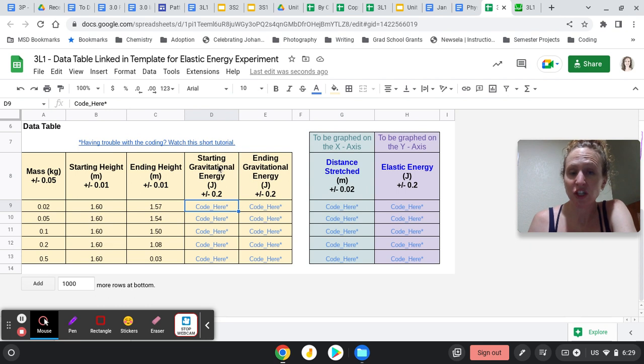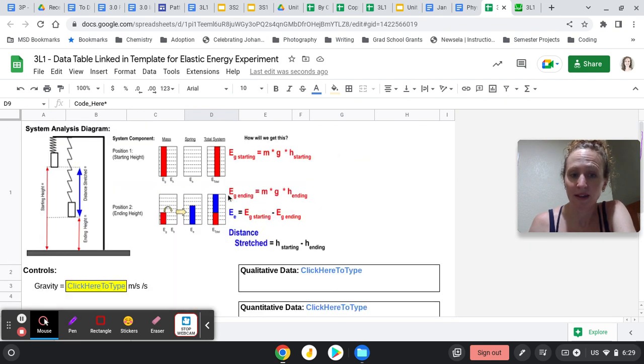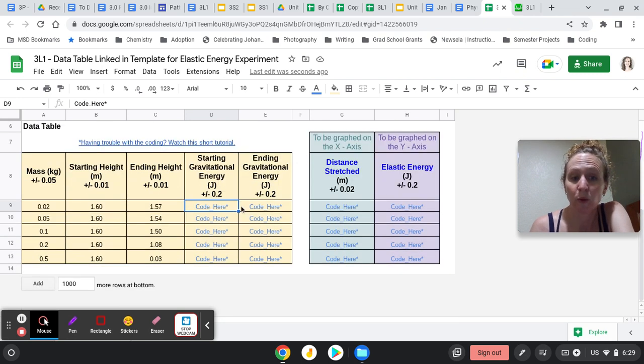For our gravitational energy at the beginning, again, remember that is our mgh equation. So we're going to take mass times the strength of gravity on Earth times the starting height. Since we want starting gravitational energy, we want starting height. Every code we start with an equal sign. We'll do that here.